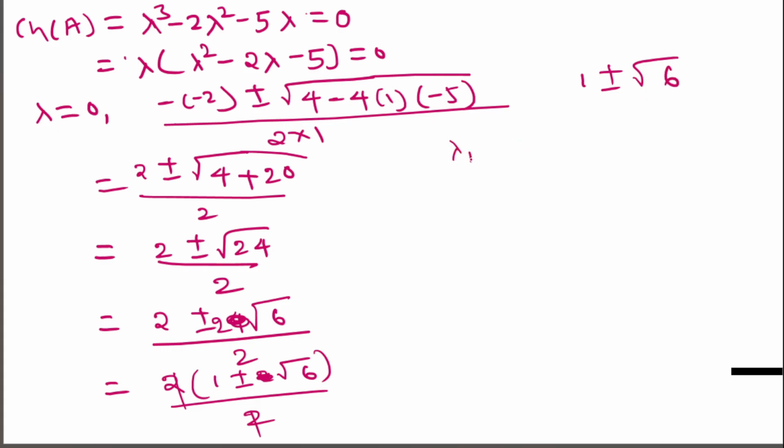So lambda 1 is 0, the second eigenvalue lambda 2 is 1 plus root 6, and the third eigenvalue lambda 3 is 1 minus root 6. In this way we can find the eigenvalues and eigenvectors of the matrix.